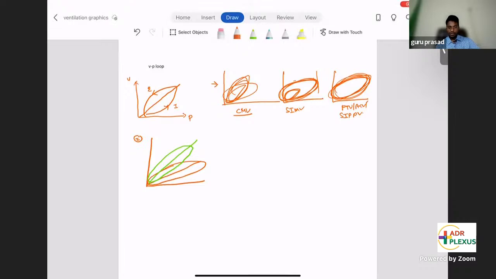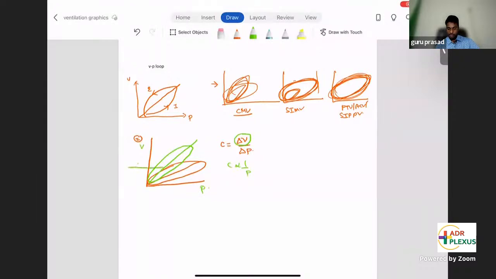How do you know? So compliance means change in volume by change in pressure. Suppose in the exam you get a doubt about which is having more compliance. The simple thing is you fix one thing. Let us assume you fix a volume. Then compliance is inversely proportional to pressure. So how to fix the volume? This is a volume graph and a pressure graph. You take a particular volume.